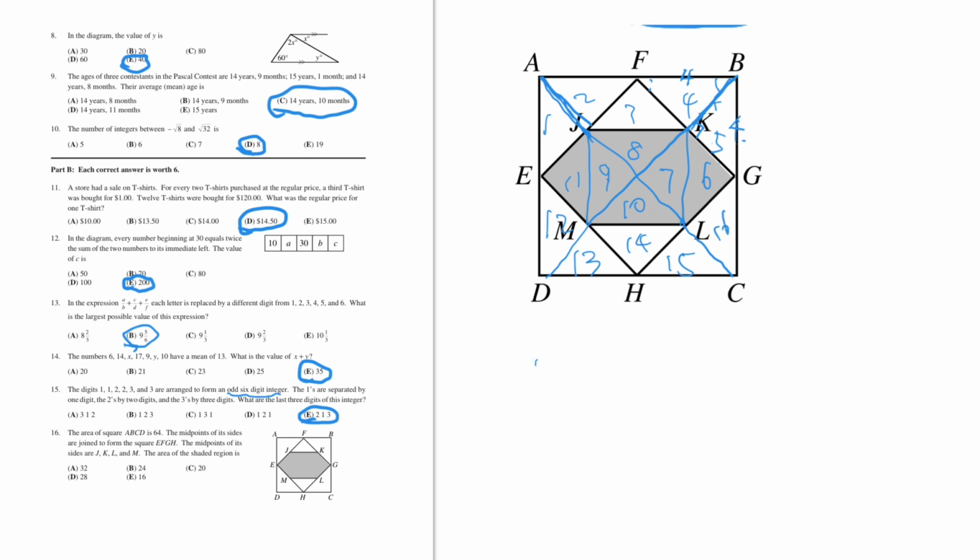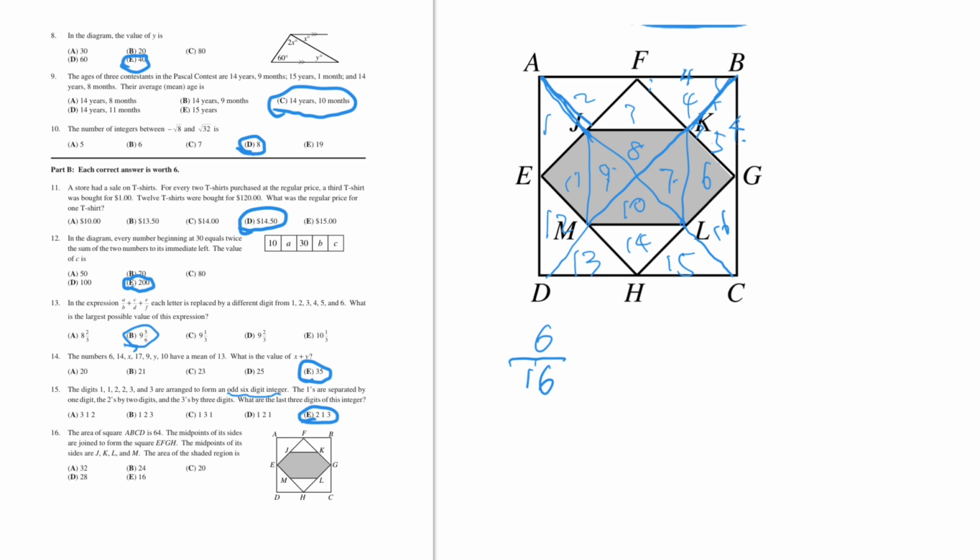The 16 is the total number of triangles. The shaded part is 1, 2, 3, 4, 5, 6. The fraction shaded is 6 over 16.